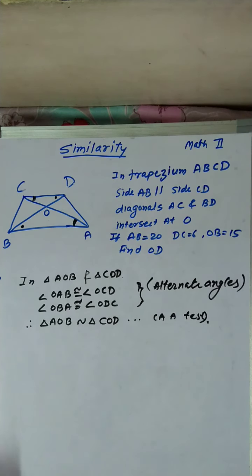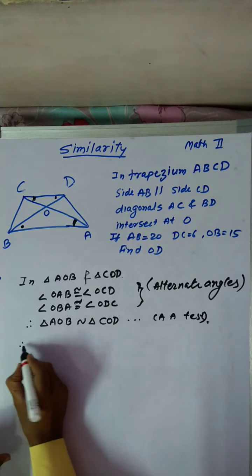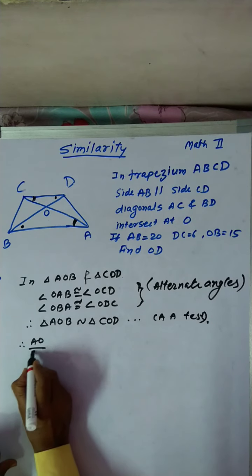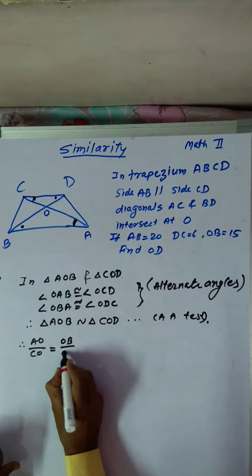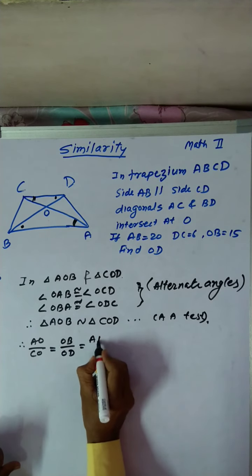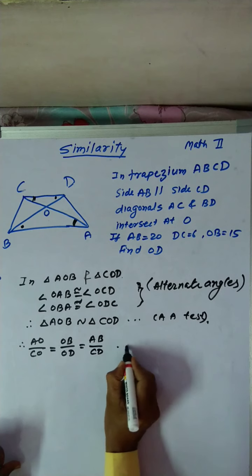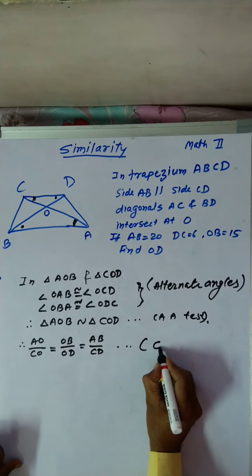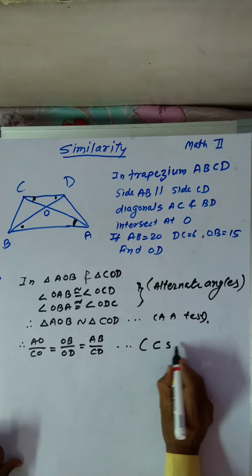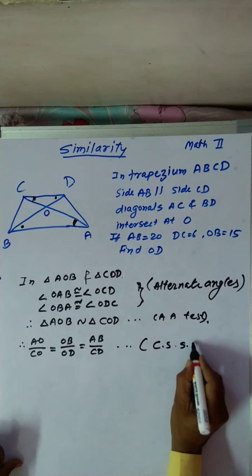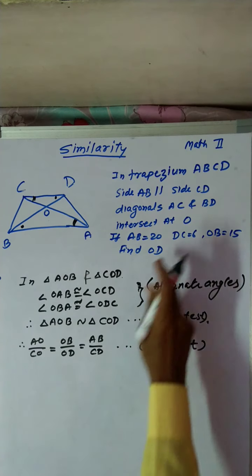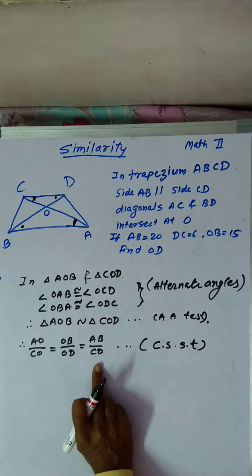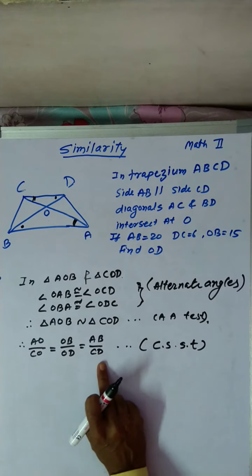Now these two triangles are similar, so their sides are in proportion. Therefore AO upon CO is equal to OB upon OD is equal to AB upon CD. The reason is corresponding sides of similar triangles, CSST. Now AB is given, that means the third ratio is given, AB and DC.